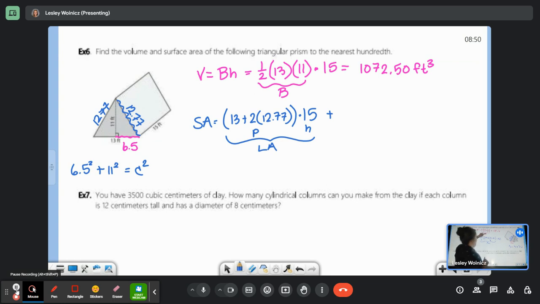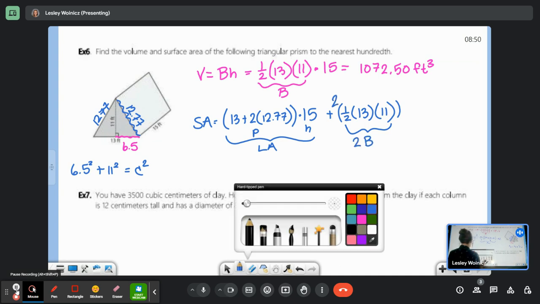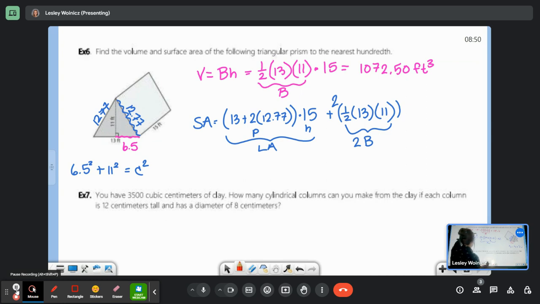All right, well, we already have that. It's in this formula right here. It's just 1/2 times 13 times 11. So this is our, whoops, how many of them do we have? 2. Okay, so I forgot to multiply by 2. That's our two bases. So what happens with the 2 and the 1/2? They cancel each other. Yeah.